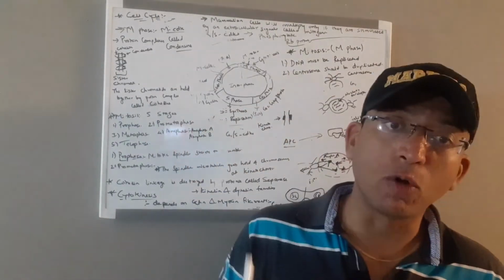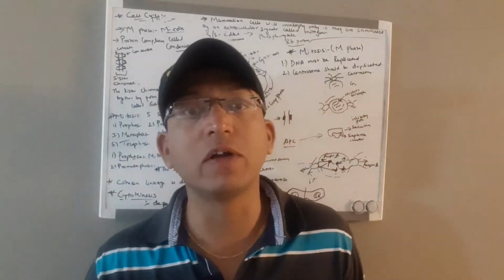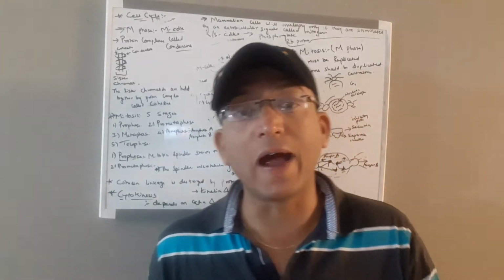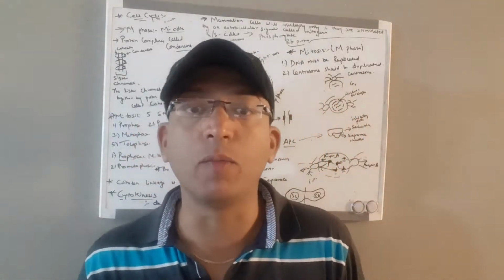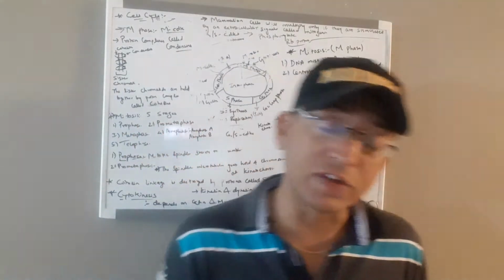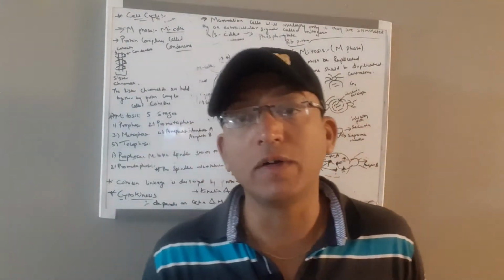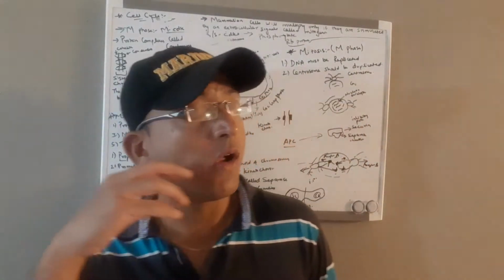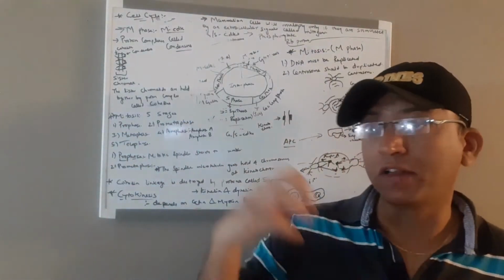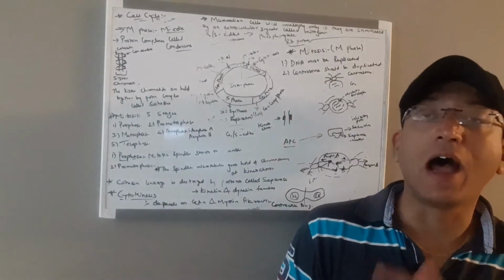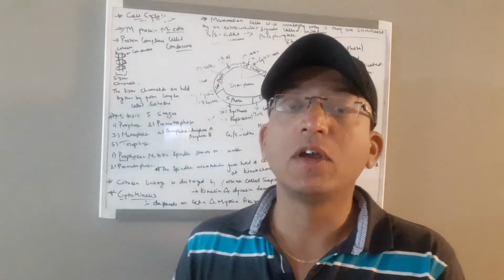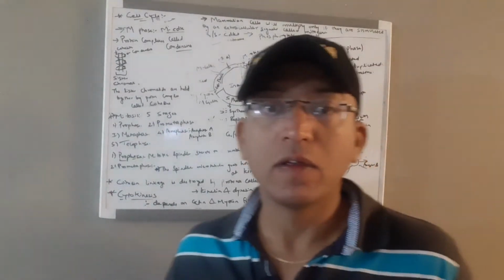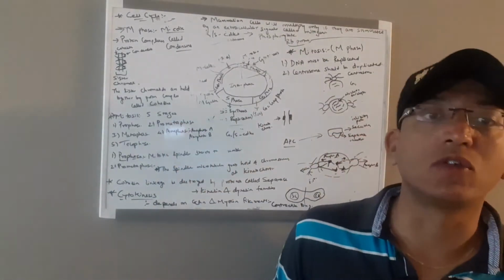Once the furrowing process is well underway, however, cleavage proceeds even if the mitotic spindle is artificially sucked out of the cell or depolymerized using the drug colchicine. So even if you remove the mitotic spindle after furrowing has developed, it will still proceed.